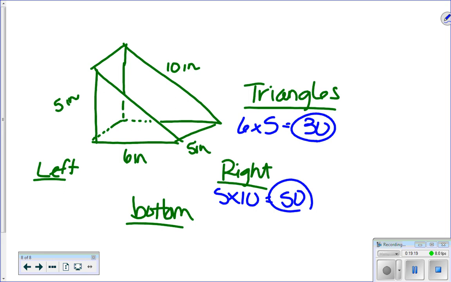And then I'm going to go to the left side. I guess I don't care what we do first. What did you guys rather do first? The left? Sure. So here, what about this one? So this is kind of tricky. You know one dimension, but the other one you have to find. 5 and 5, because if this is 5, this has to be 5. So 5 times 5. I feel like you guys are catching on to this. And the bottom, 6 and 5.